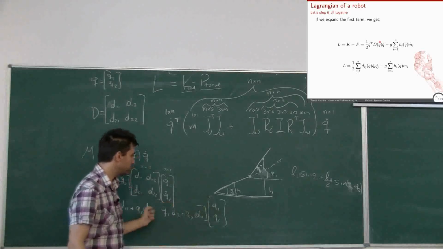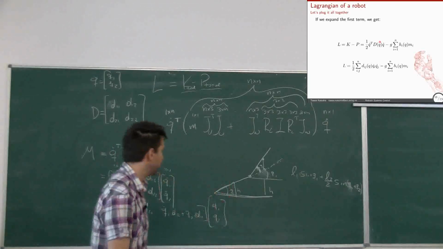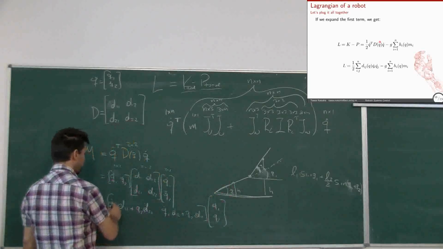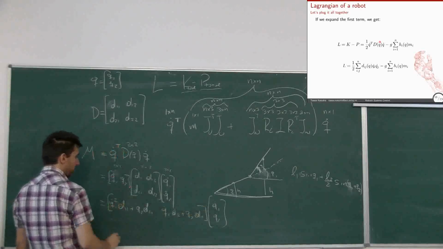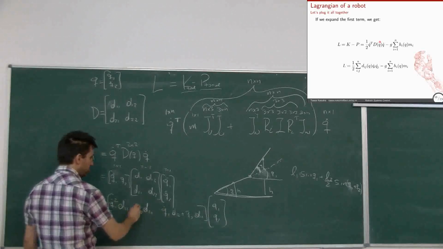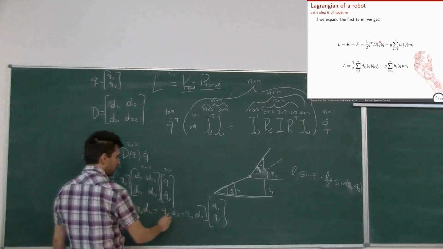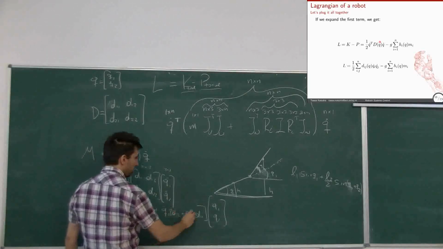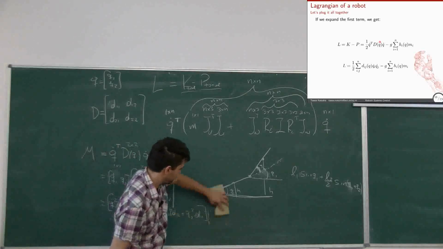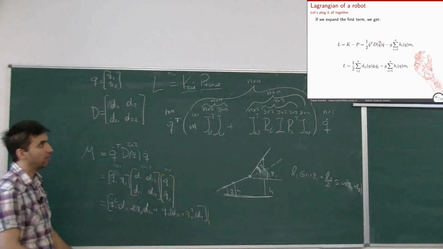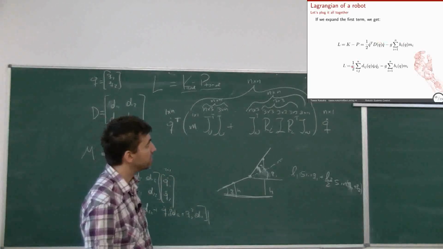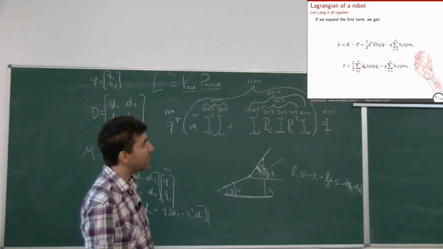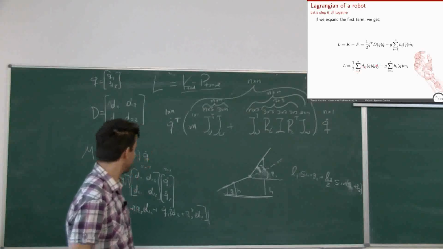And if I do this multiplication as well, I will have eventually, I'll write it quickly, this multiplied by Q1 dot, so this will be D11 Q1 dot squared, plus D12 Q1 dot Q2 dot, plus D21 Q1 dot Q2 dot, plus D22 Q2 dot squared, which if I write it with indices, will be this part here. So when i and j are 1, for instance, it will be D11 times Q1 dot squared, which is this part.